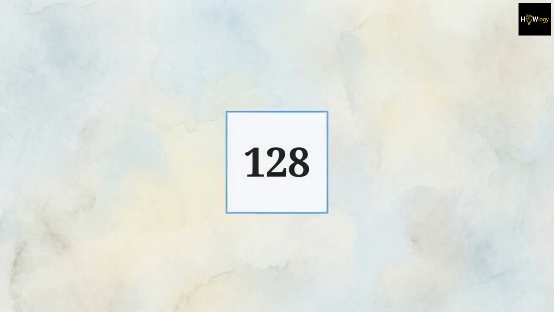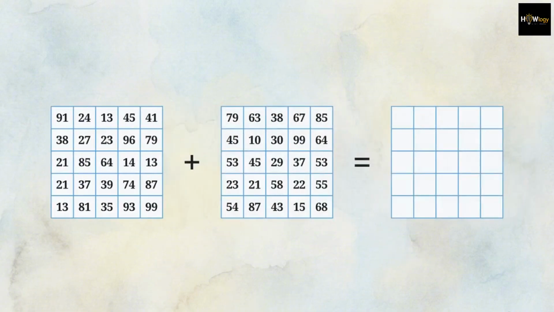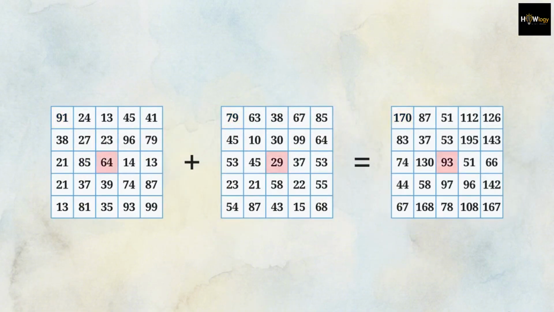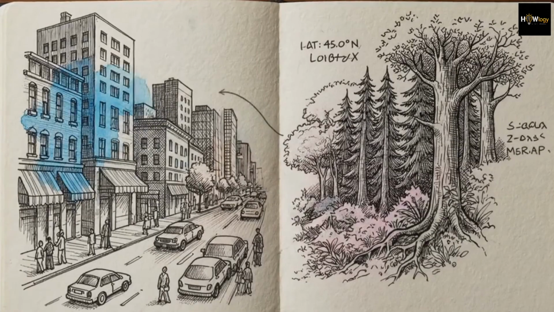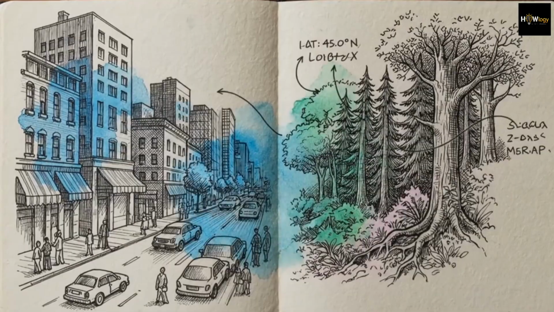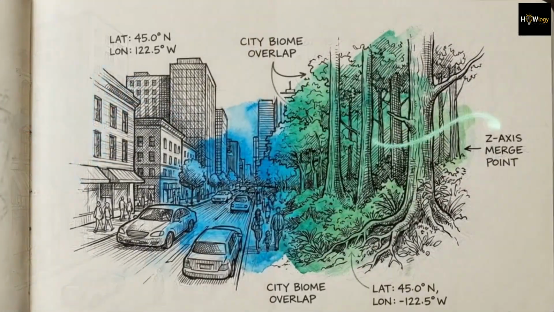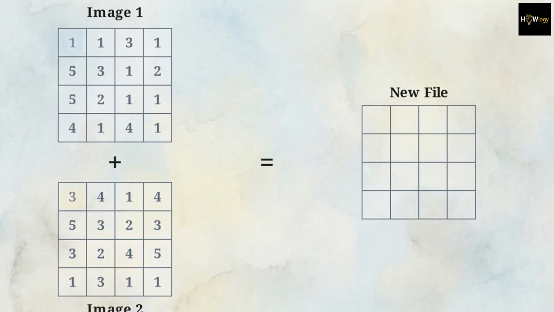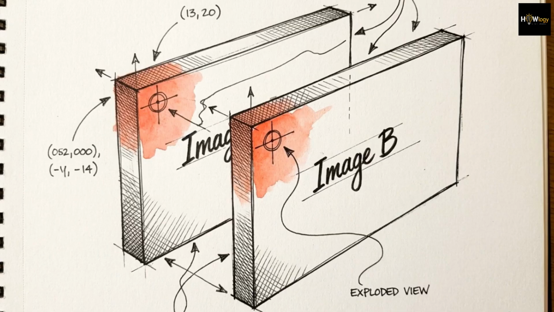At the absolute highest scale, we stop looking at individual pixels and start combining completely separate full-size grids through arithmetic or logical operations. Think of merging two photos together to create a double exposure effect for social media. You are taking the values at pixel 0,0 in the first image, combining them with pixel 0,0 in the second image, and storing the result in a brand new file. But this requires strict alignment.